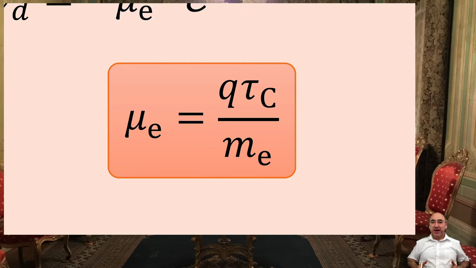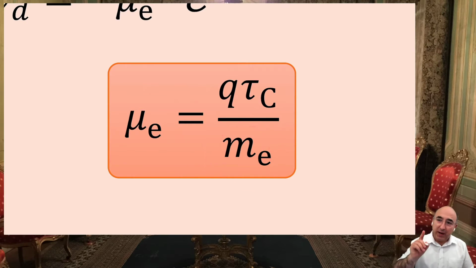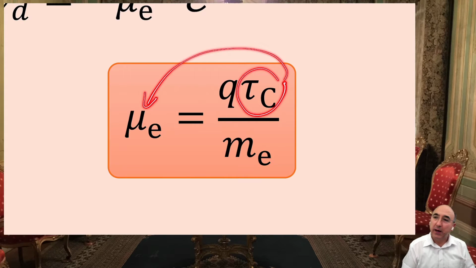If you have a lot of mass, then your mobility is reduced. If you have a long time between collisions, you have a large value, a high velocity, high mobility.